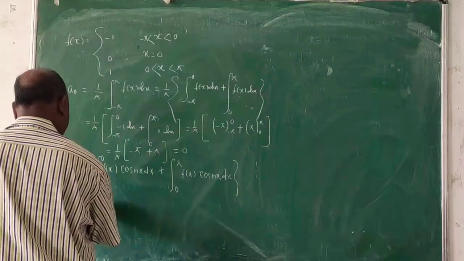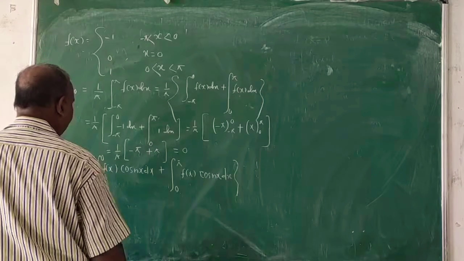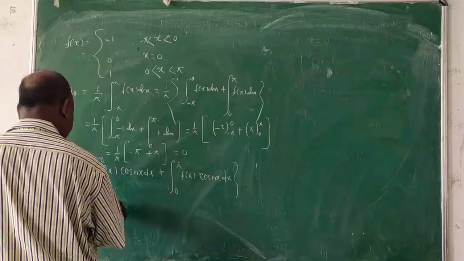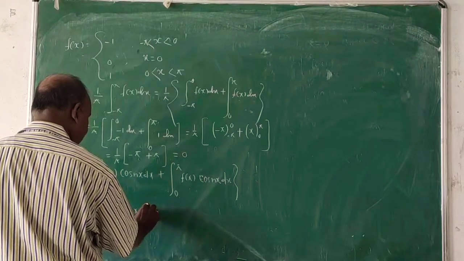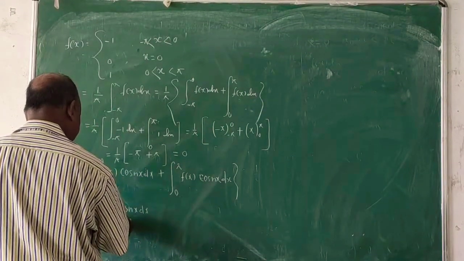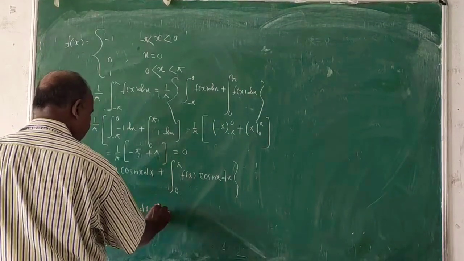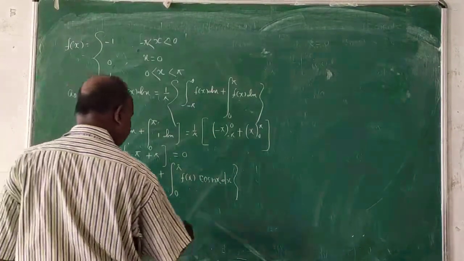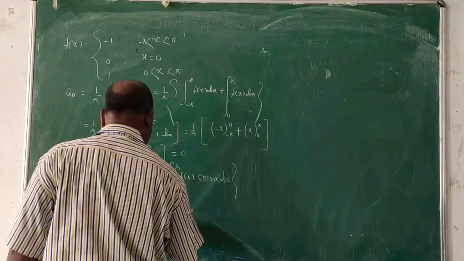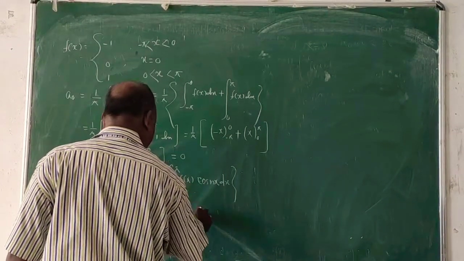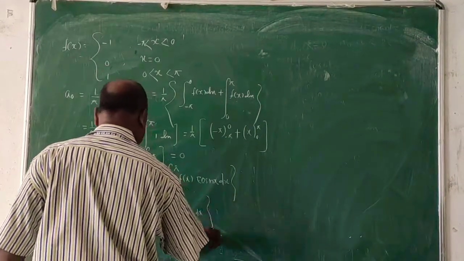This is 1 by pi. f of x in this range is minus 1, that is minus cos of nx dx, this integration from minus pi to 0, plus this is plus 1, cos of nx, the range is 0 to pi, dx.